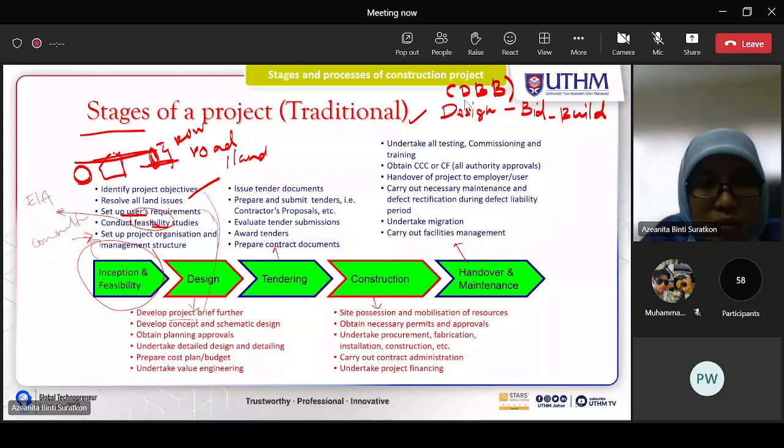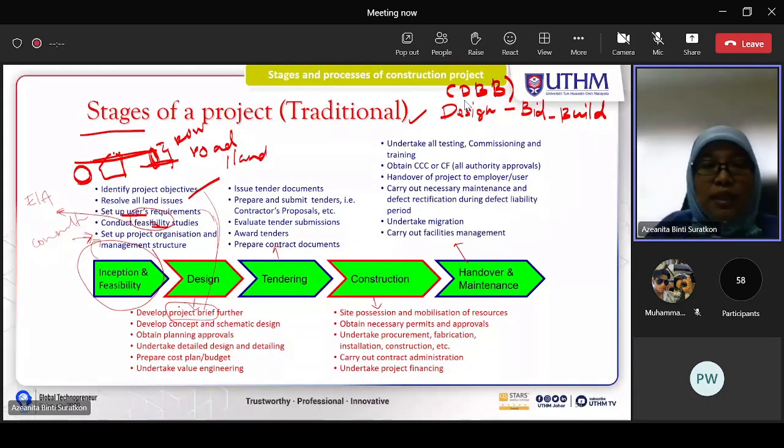The project brief is a document where the consultant, especially if it is a building project, normally the architect will lead, tries to capture what the requirement is, what the client wants from the project. So he prepares a document that we call the project brief.